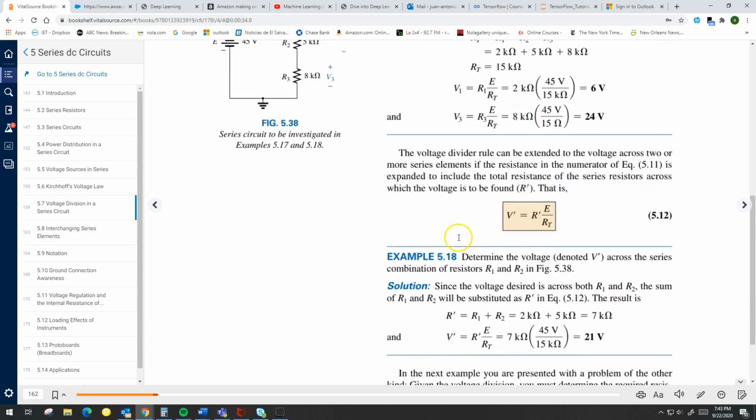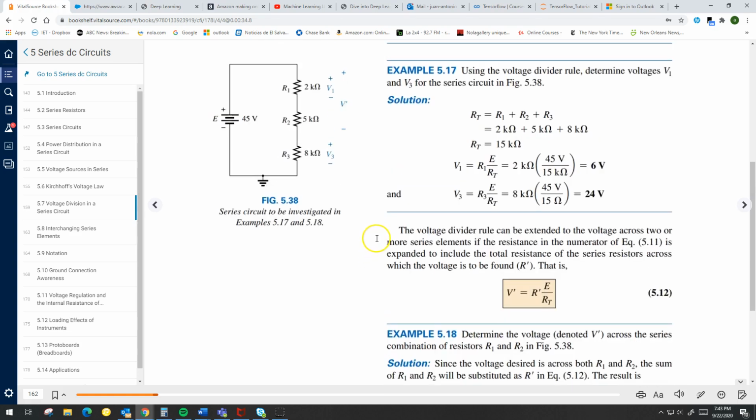But in this case, they're asking us to find the voltage V prime. The voltage V prime is not just across R2, but is across these 2 resistors, R1 and R2. Okay, so if you put a meter from the top of R1 to the bottom of R2, you'll be looking at V prime. That's what they want to know.